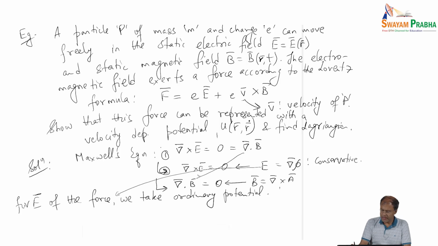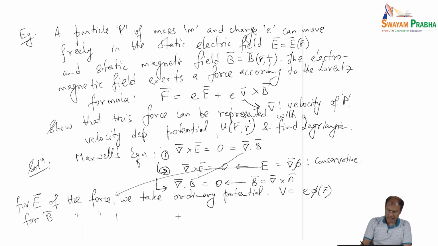And we take the potential V to be equal to E times phi of r, the ordinary potential, right? And then for the magnetic field B of the force, we will write the form of the velocity potential, and we will show that it is indeed the velocity potential. So we will claim something and we will prove our claim, right?